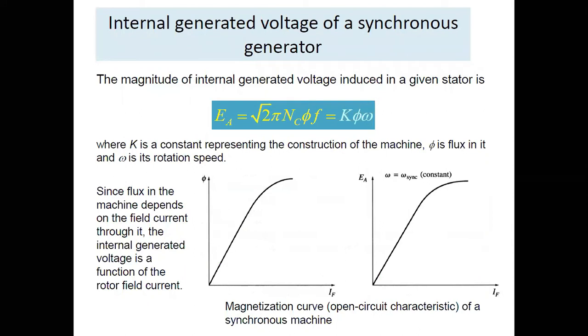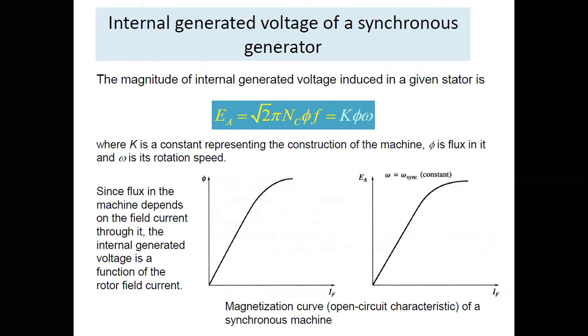The internal generated voltage of a synchronous generator, its magnitude, is given by the formula E_A equals root 2 pi N_C phi F, which in shorter form is K phi omega, where K is a constant representing the construction of the machine, phi is the flux, and omega is the speed of rotation.